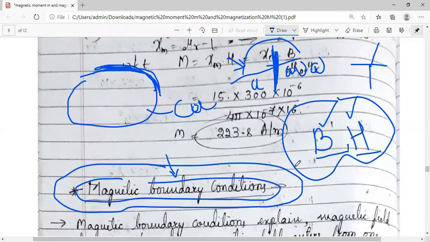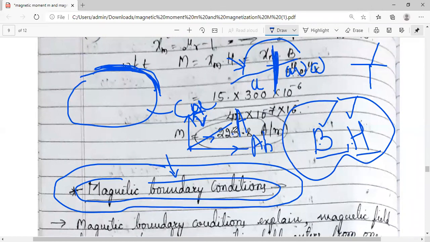When we talk about these fields, as B and H are vector quantities, any vector, say A, has two components. You know about this already. It has one horizontal component, say A H, and one vertical component, say A V, right?